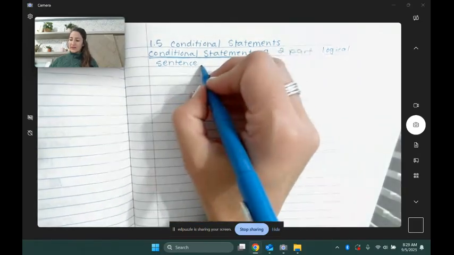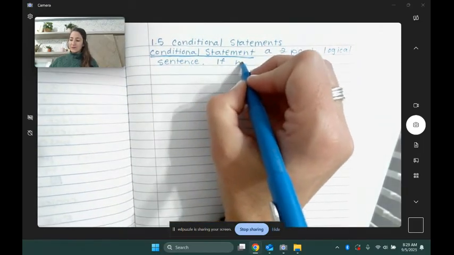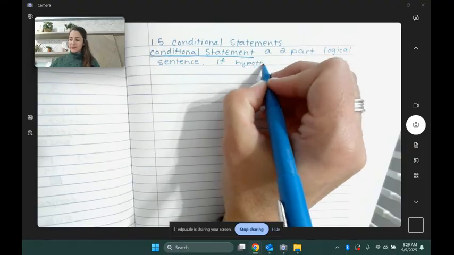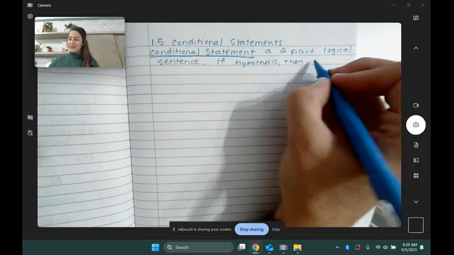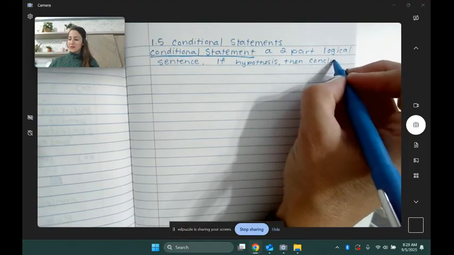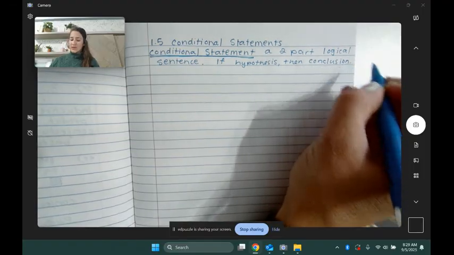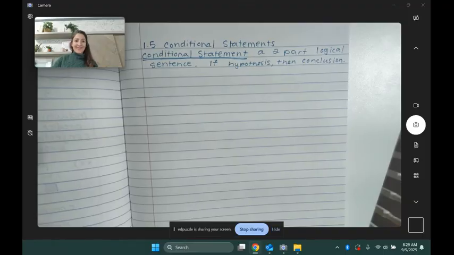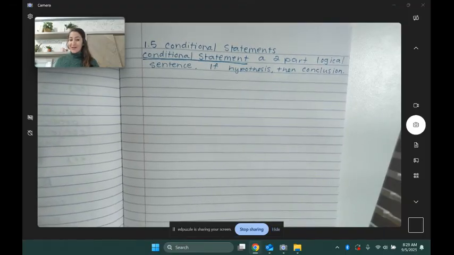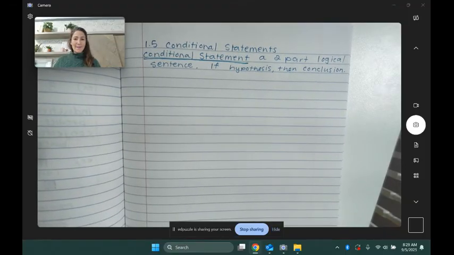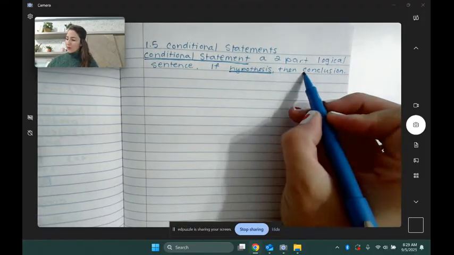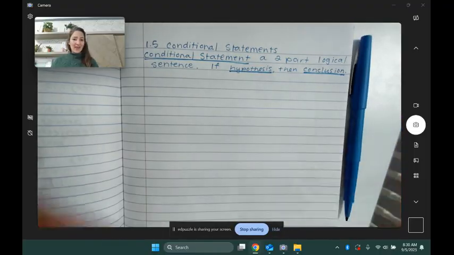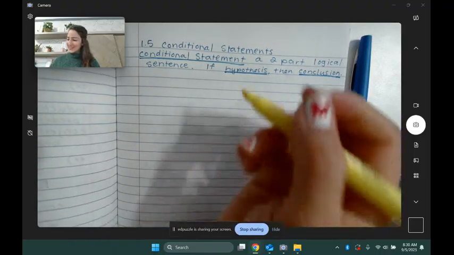It goes like this: if hypothesis, then conclusion. If it's raining outside, then I will wear my rain jacket. If I watch this lesson, then I will learn about conditional statements.